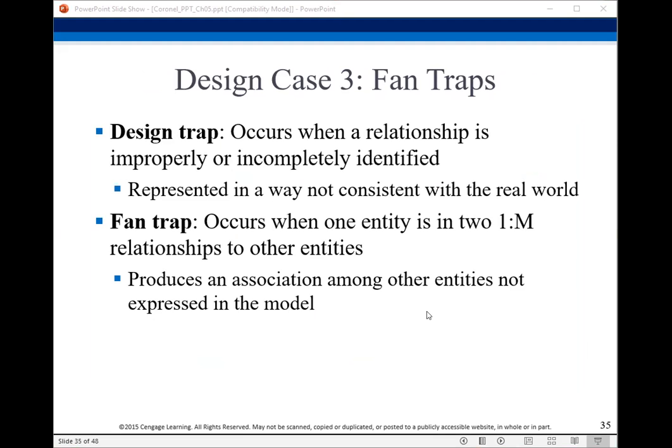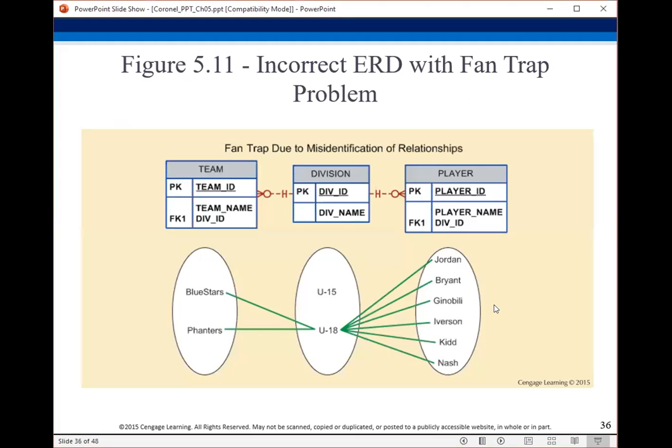Okay, we also, in our design, want to avoid certain problems. One of those is fan traps. A fan trap is something that happens when you have two one-to-many relationships coming out of one entity.